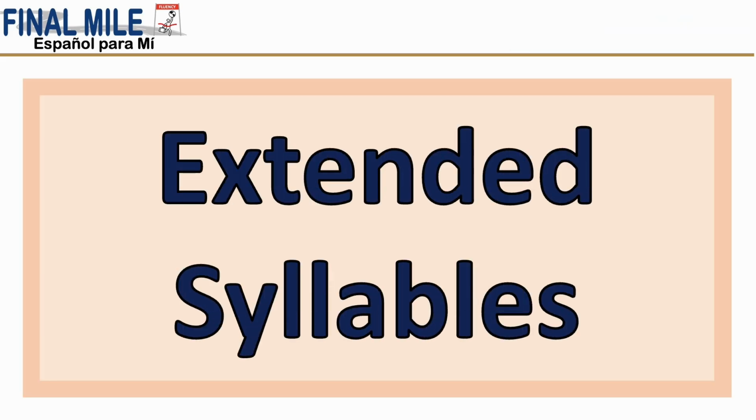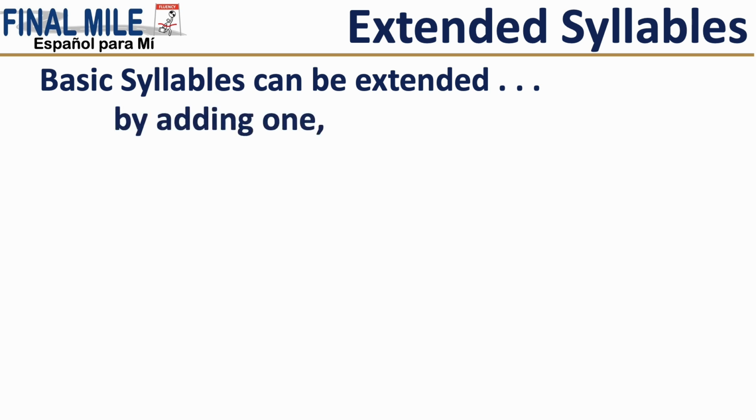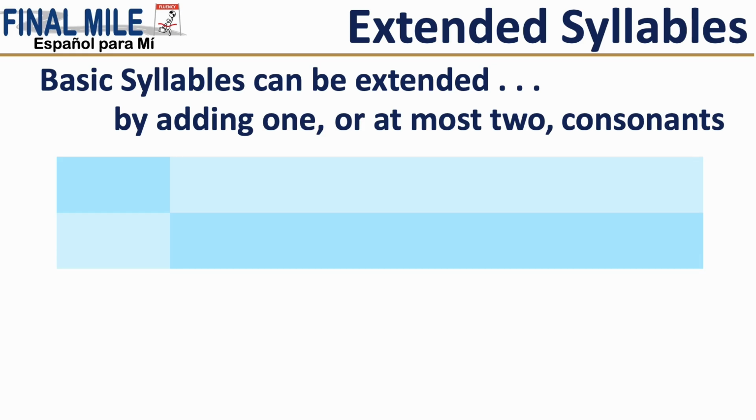Okay, so now let's talk about extended syllables. All these basic syllables that we have learned can be extended by adding one or at most two consonants at the end. So for example, we have the basic syllable ko. We can add a consonant or two at the end, coming up with kos, con, cor, and cons.